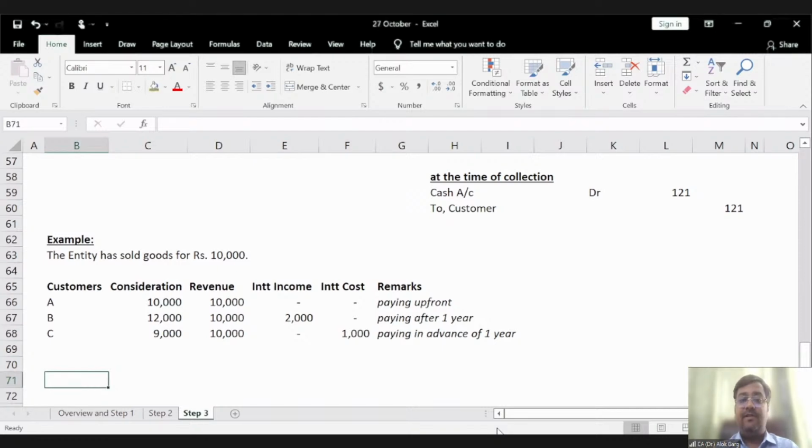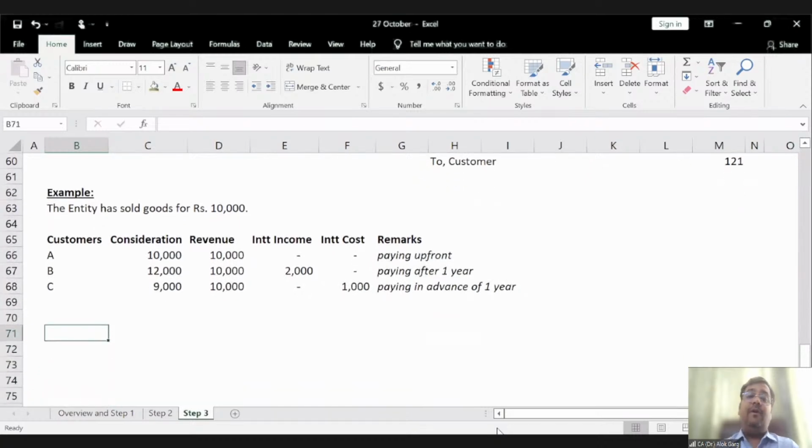Concept of significant financing component. Now tell me one thing.